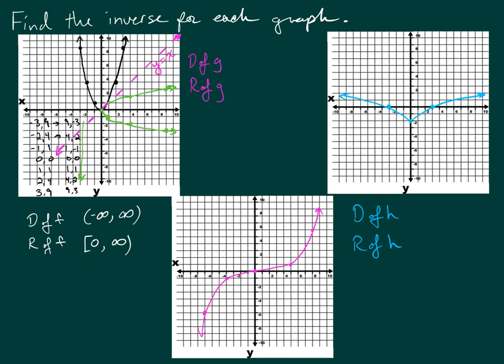With that information known, that the domain is this and the range is this, domain, recall, is the set of all x's, and I mentioned already that range starts with the lowest y value and goes to the highest y value. So the range is the set of all possible y values. Well, the big idea for inverses again is to switch x and y.